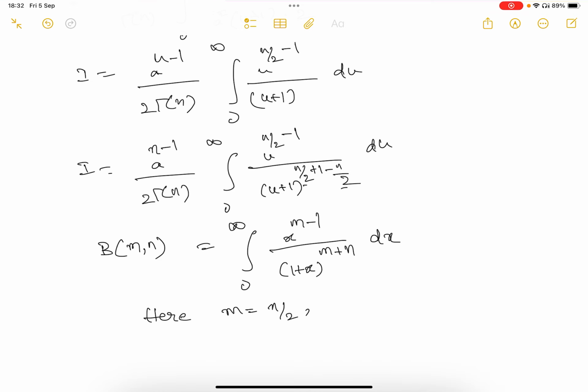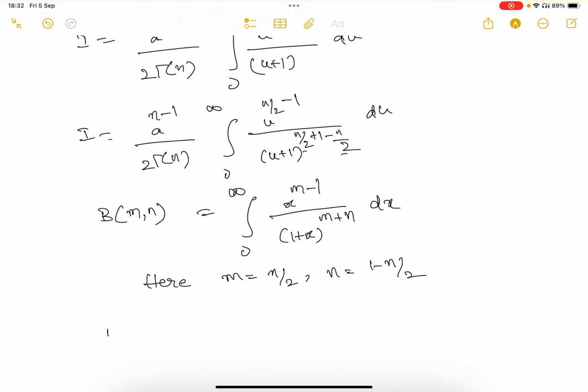This will be m, and n is 1 minus n by 2. So I becomes a power n minus 1 by 2 into gamma of n into beta function of n by 2 comma 1 minus n by 2.